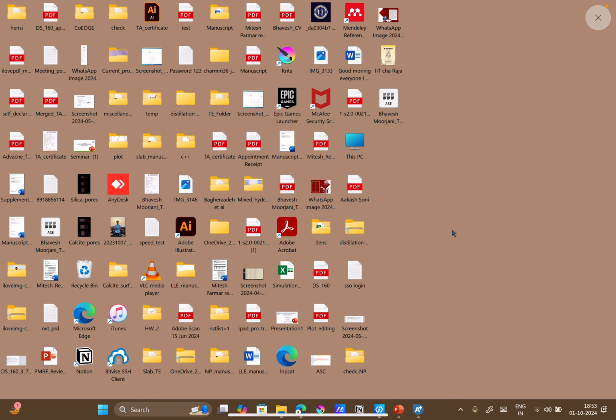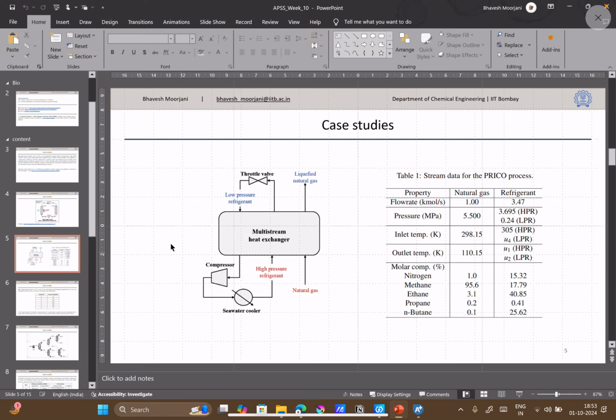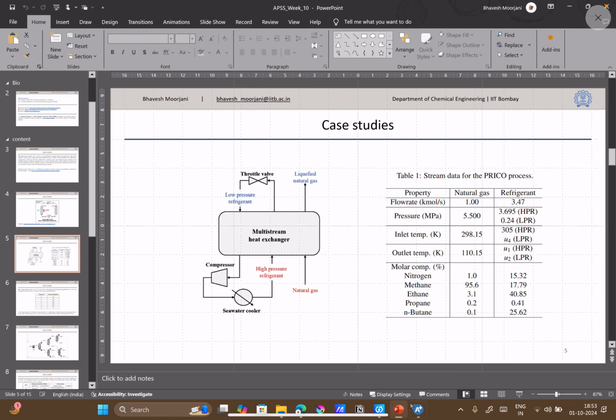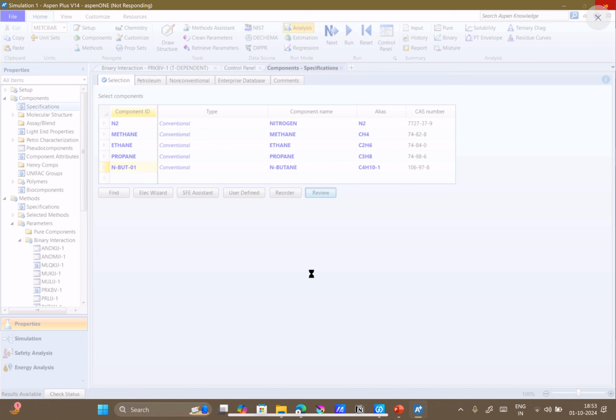So what other information do we have here? We have to find the overall heat transfer coefficient, compressor load, generated temperature, and the enthalpy composition curve for both the cold and hot streams. These are the small things, but mainly I want to analyze this result and what is happening.